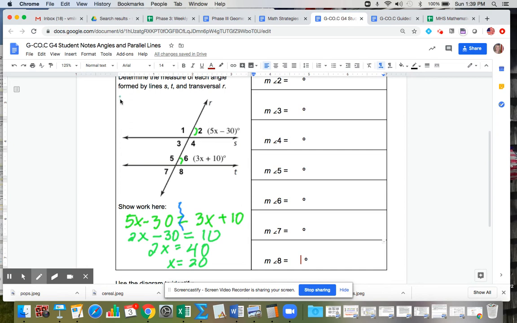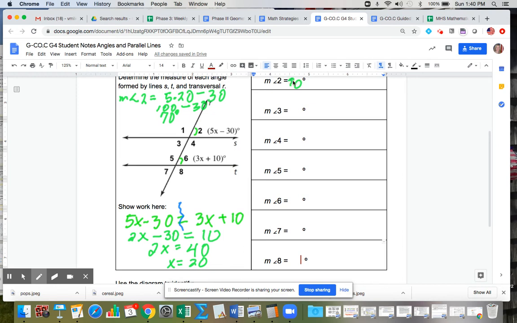Therefore, the measure of angle 2, I'm going to substitute 20 in place of x, is 5 times 20 minus 30 degrees. I'm now going to apply order of operations, 100 minus 30, or 70 degrees. So I know that angle 2's measure is 70 degrees.